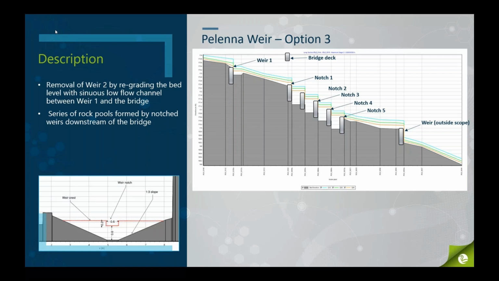I should also say that upstream of the bridge, the idea was also to put in a low flow channel, which would be sinuous. This would increase the path length between weir 1 and the bridge, and therefore reduce the gradient and hopefully increase the depth of flow along that reach.